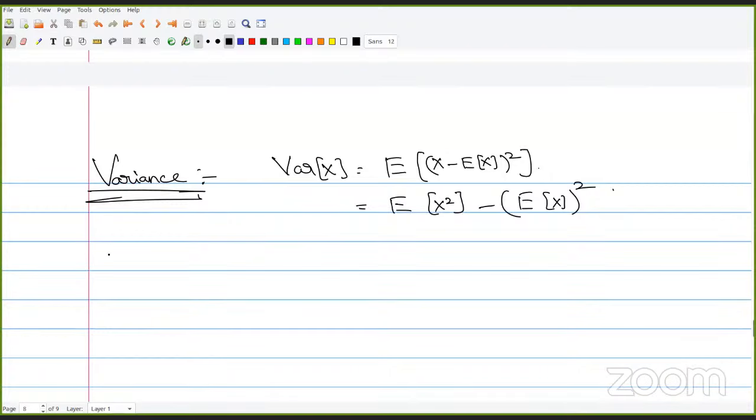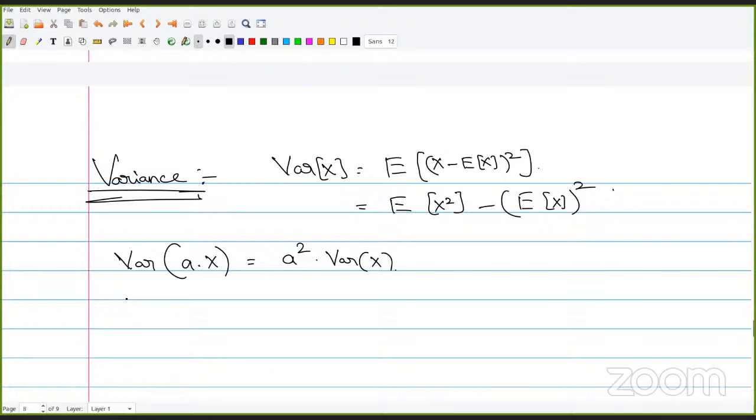Just come back. Now let's see some properties of variance also. As with linearity of expectations, variance also has some properties: variance of a times x will be a squared times variance of x. And if I am talking about variance, I am talking about standard deviation also. It's just the square root of variance. Why do we come to standard deviation?